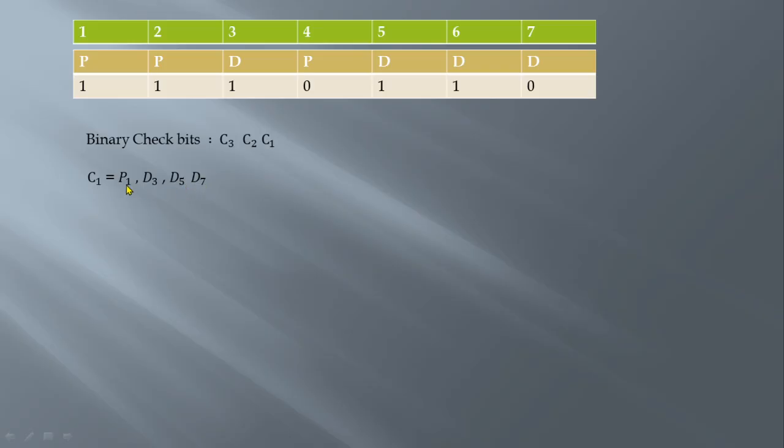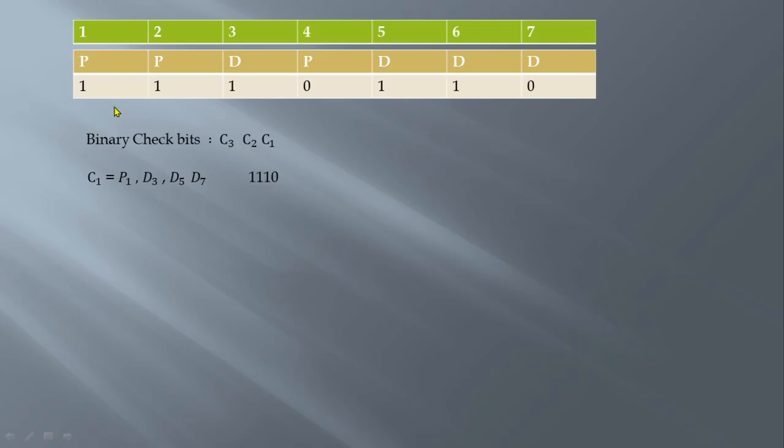Starting from the parity bit 1, the first bit, you take alternate bits: take the first bit, leave the second bit, consider the third bit, that is D3, leave the fourth bit, consider the fifth bit, leave the sixth bit, and then take the seventh bit. So C1 is found by considering P1, D3, D5, D7.